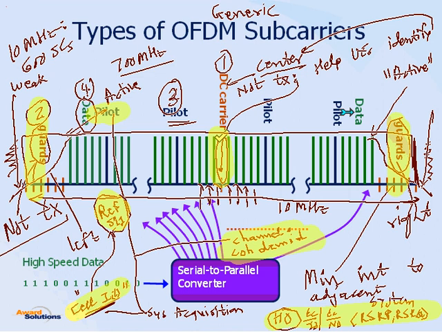Okay, that is your traffic. Very good. So we will use the data subcarrier to send our traffic, your user traffic. You can also send signaling messages using the data subcarrier. So very busy, huh? I made the slide busy, but at least we have all the information in one place.